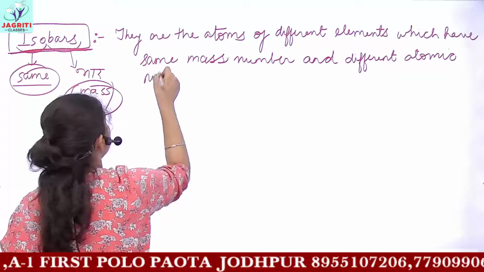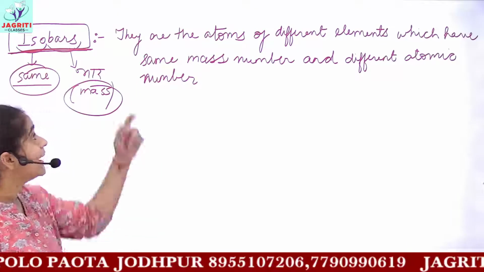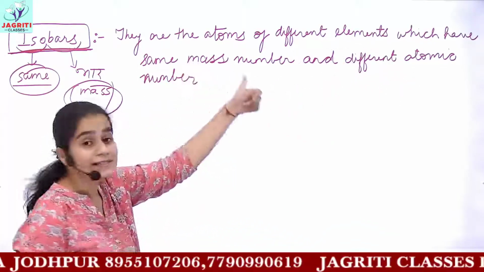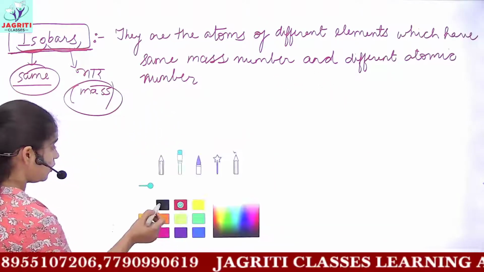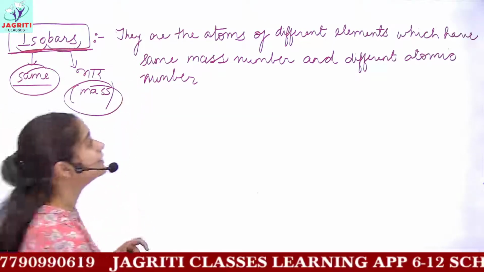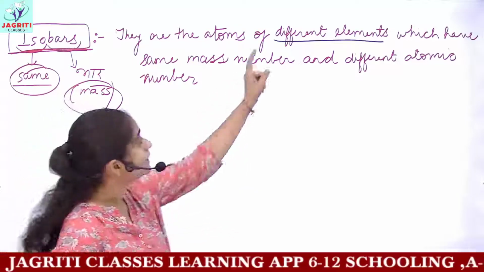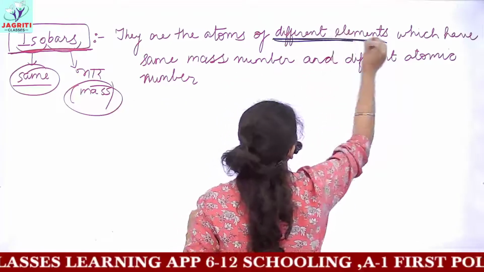So this is what you mean by the term isobars. Isobars are the atoms of different elements which have the same mass number and different atomic number. In the definition of isotopes which we recently studied, we had that they were the atoms of the same element. But here the differentiating term is they are the atoms of different elements.